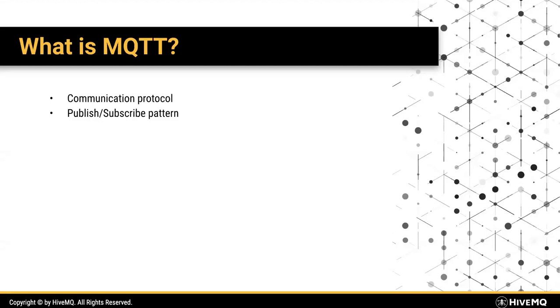So you publish messages and the clients that are interested in these messages subscribe to them and so get these messages. What's really special about MQTT is it's a really good standard. So you don't have to worry that in 10 years you cannot use it. So interoperability is a key benefit of MQTT.